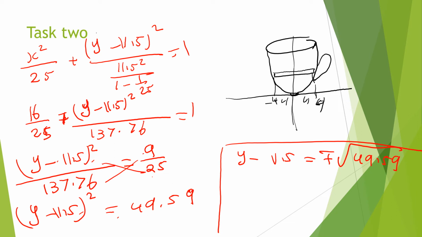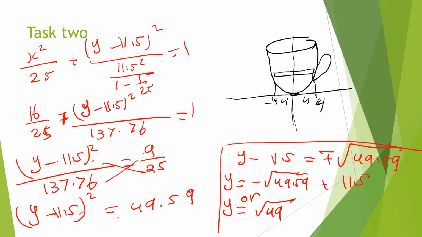So you've got two values in here. So y is either negative square root of 49.59 plus 11.5, or y is positive square root of 49.59 plus 11.5.